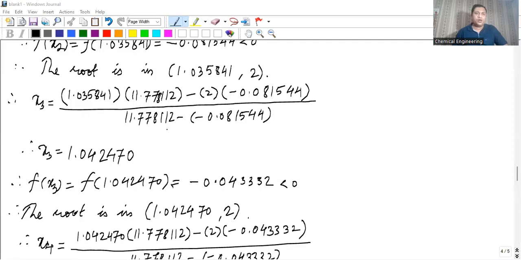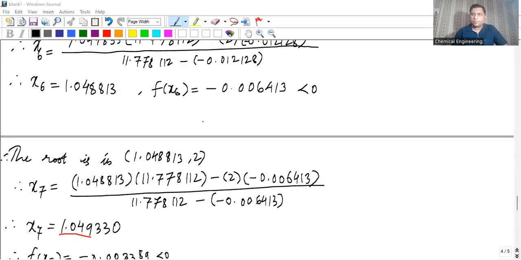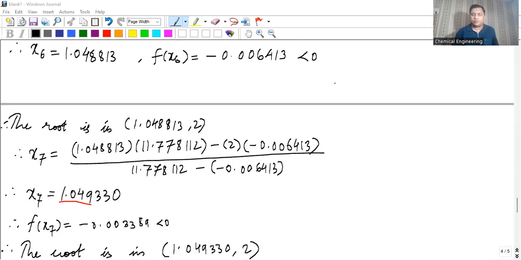So we have seen the Newton-Raphson method, as well as we have seen the Regula Falsi method. Now let us think of the next method to solve the transcendental equation, and that is the secant method. Okay, so let us think of this one, secant method. I hope all of you are able to see this, right? Yes, sir.